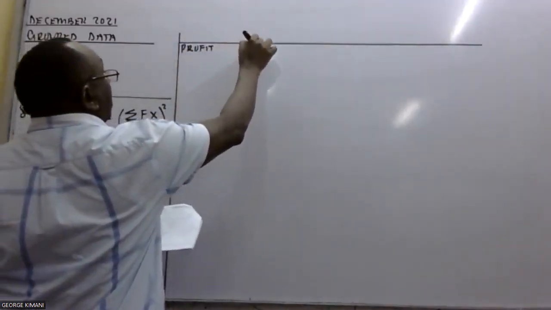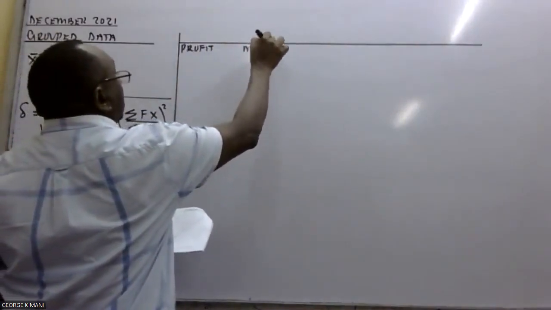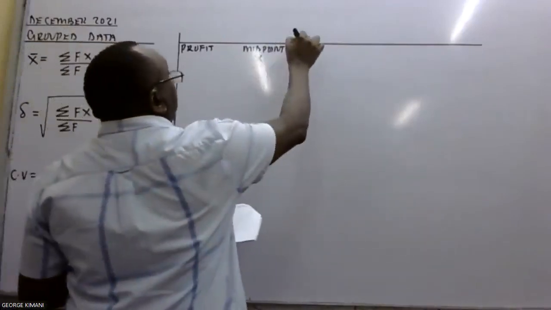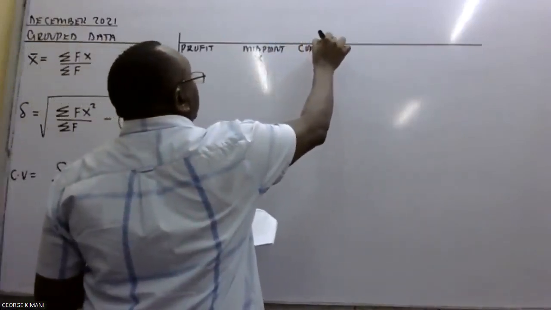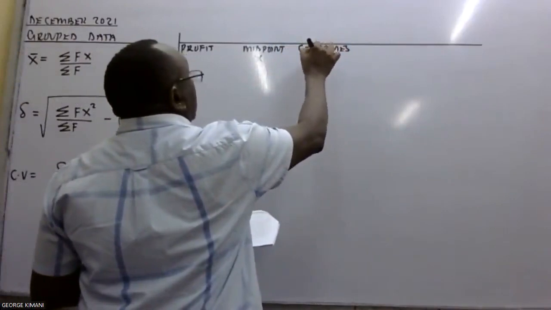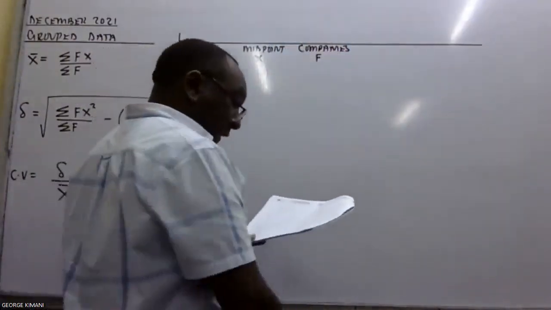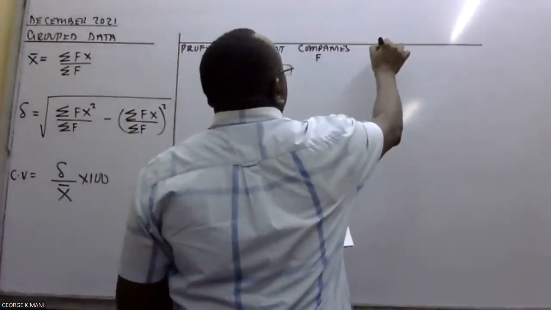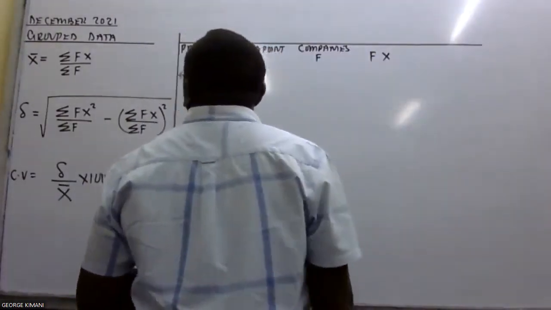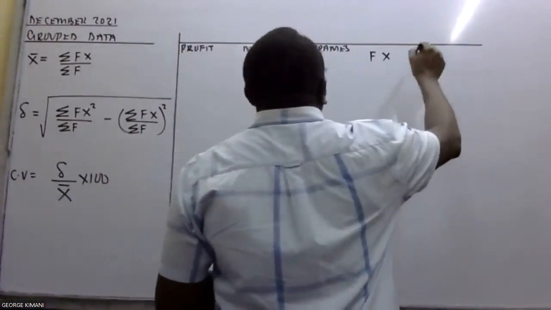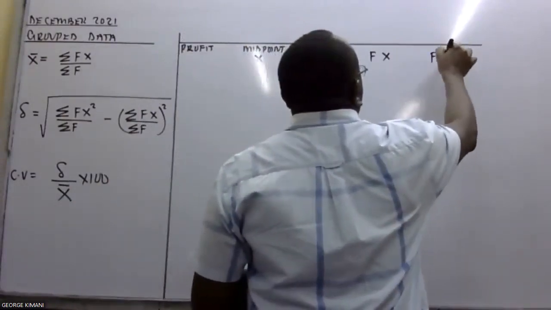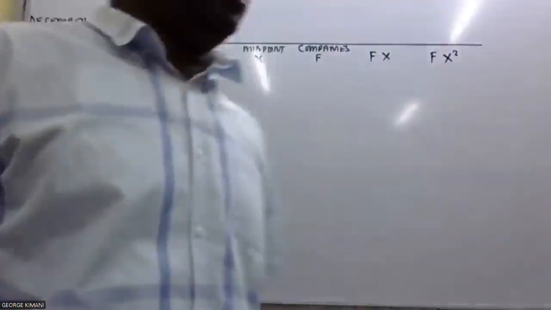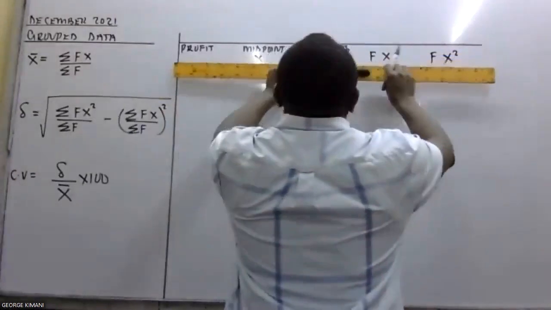Then we will have the midpoint, which will become our X. Then we will have the companies, which becomes our F. Then according to our formulas, we will need a column where F is multiplied by X. We also need a column where F is multiplied by X squared. Those are the columns that will be required.